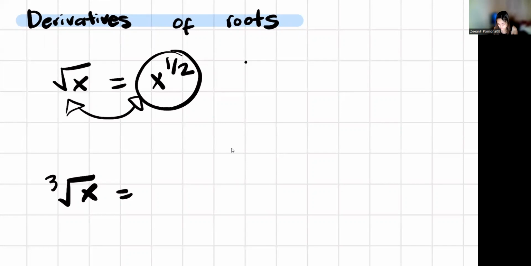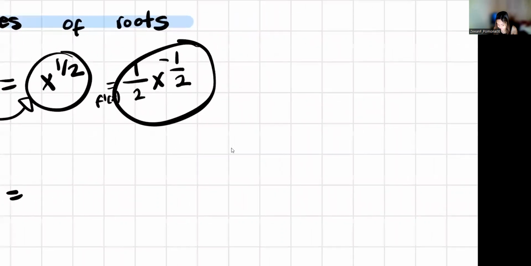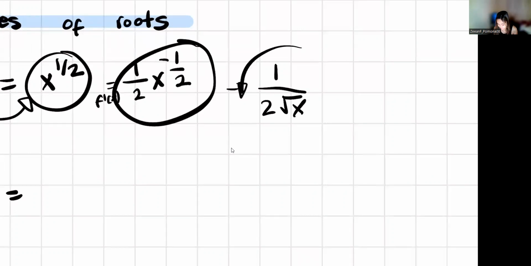So the derivative is equal to 1 over 2 times x to the power of negative 1/2. And that is your answer. And if you want to simplify it, it would be equal to 1 over 2 square root of x.